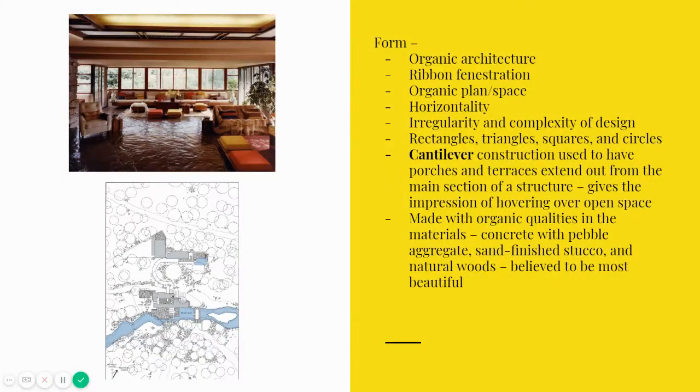Here's a great picture of the interior, and then an aerial, kind of map perspective of the home. But in terms of form, it is very, very organic. It's an open and organic area and space.